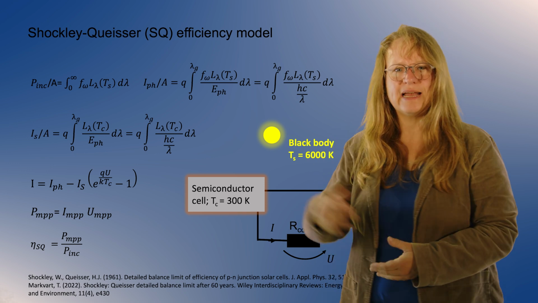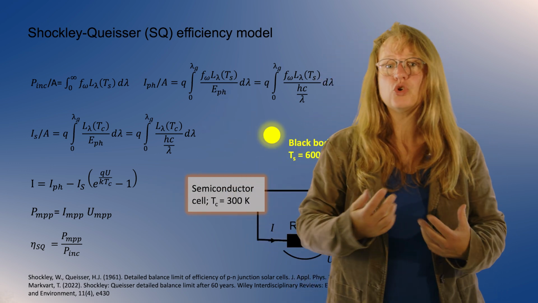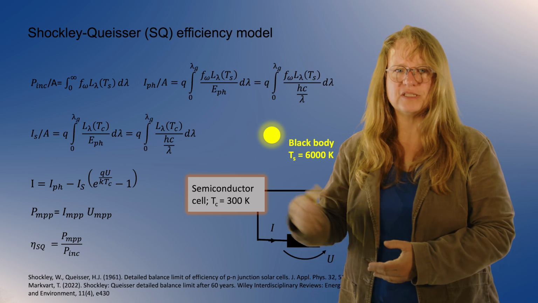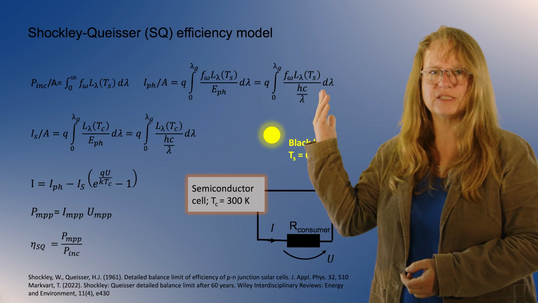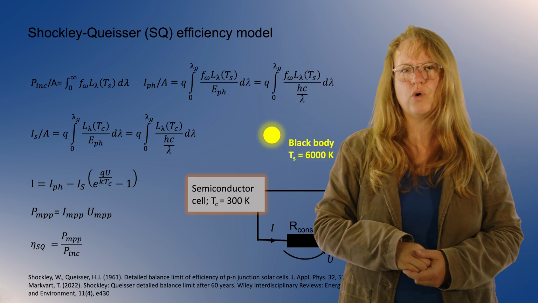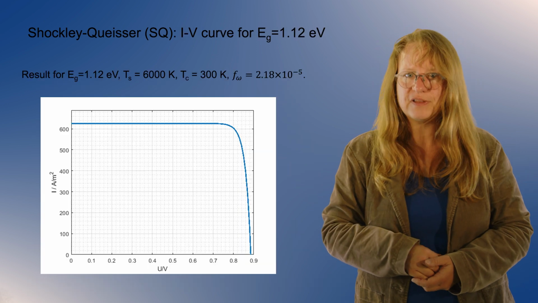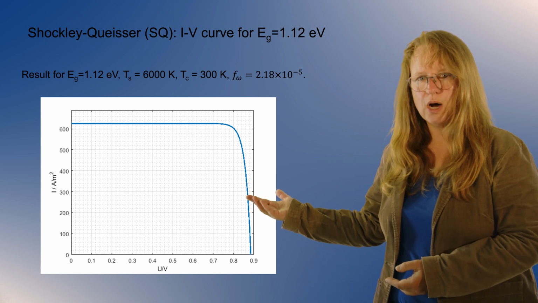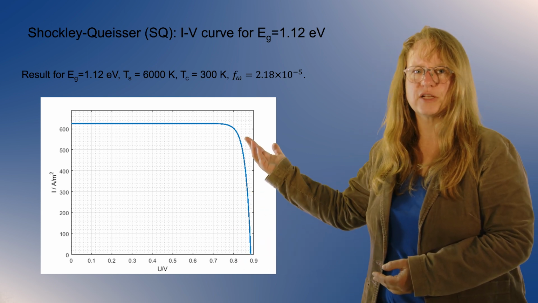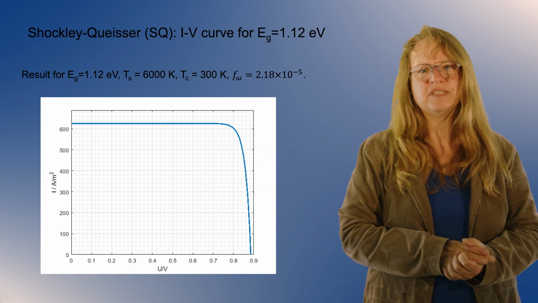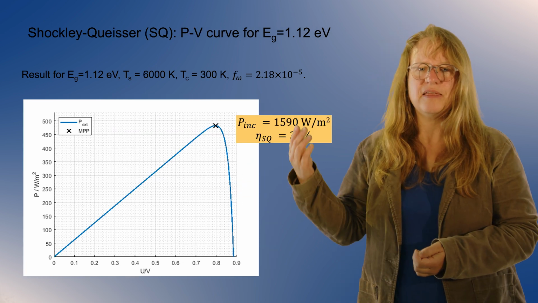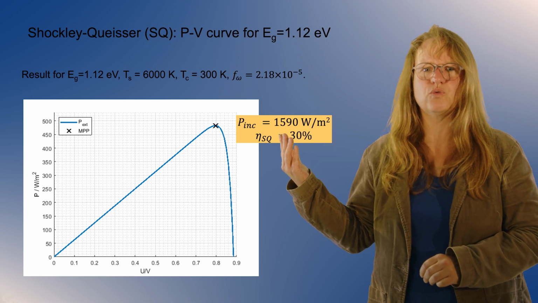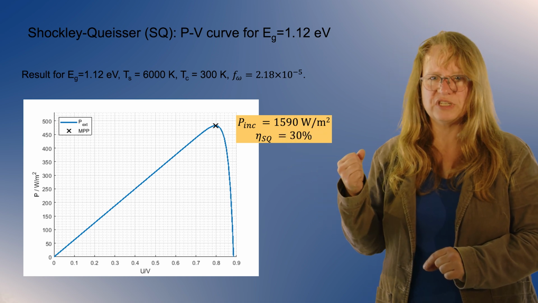Okay, so coming back to the slides, we had all of these equations. I just showed you how I implemented them in Matlab. And then from these equations, I calculated the IV characteristics for the f omega of 2.18 times 10 to the minus 5 as correction factor. And I calculated the power for the different voltages and the maximum power point. And I obtained then for this solar cell that the incident power, which I called L incident, not P incident, in my program, is 1590 watt per meter squared.